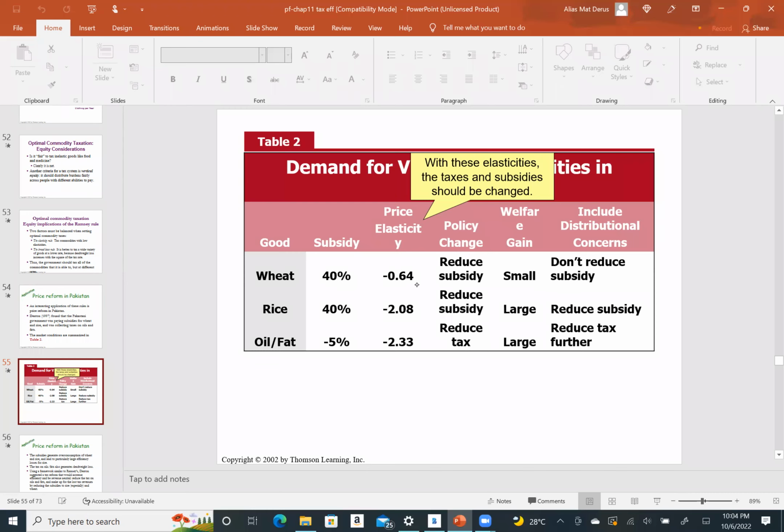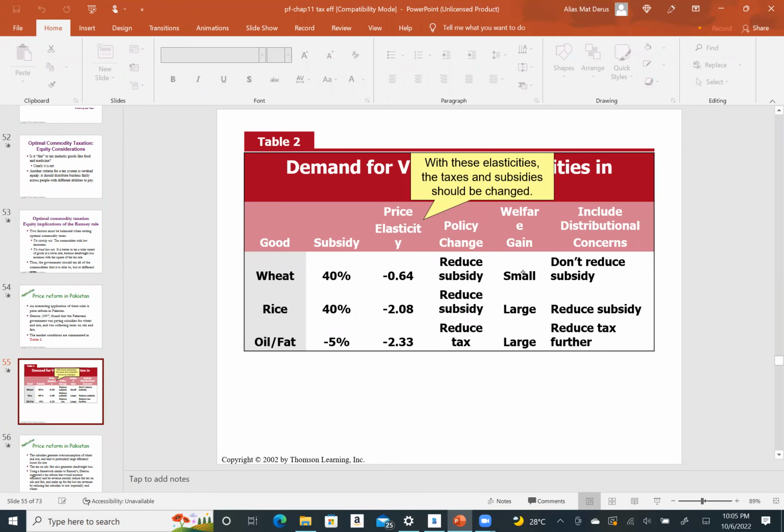based on the elasticities and the current policy, I think this is the one they suggest. What do they suggest? They suggest reduce subsidy, and here reduce the tax.